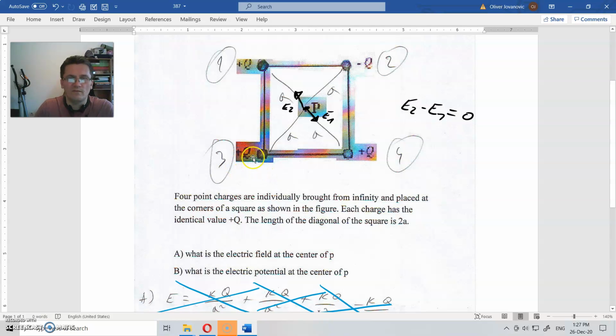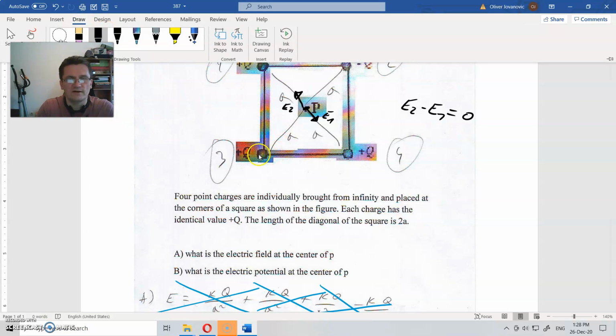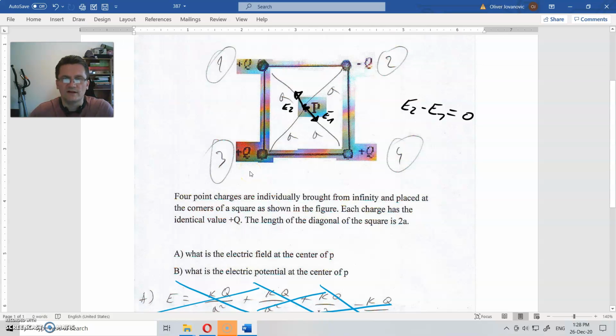Okay, and now this one and this one. The electric field due to this charge here, at this point, will be directed away from it. That is E3. And because this is a square, what will be the electric field due to this charge at this point?